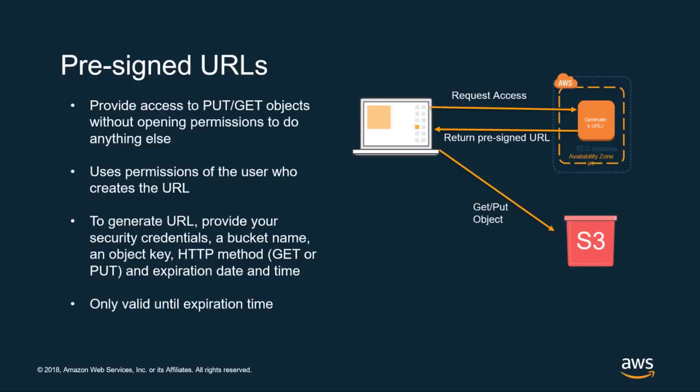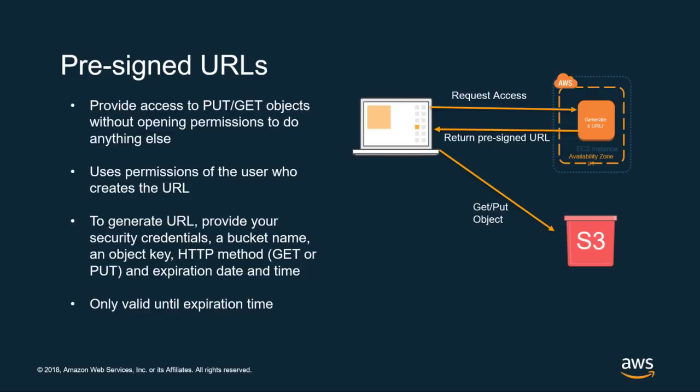Presigned URLs is another way to grant access to both put and get objects in an S3 bucket. So essentially the way this works is, a user, provided they have the proper security credentials, can generate a URL to an object in a bucket by specifying the HTTP method and an expiration date and time, and that URL will remain valid until that expiration time.